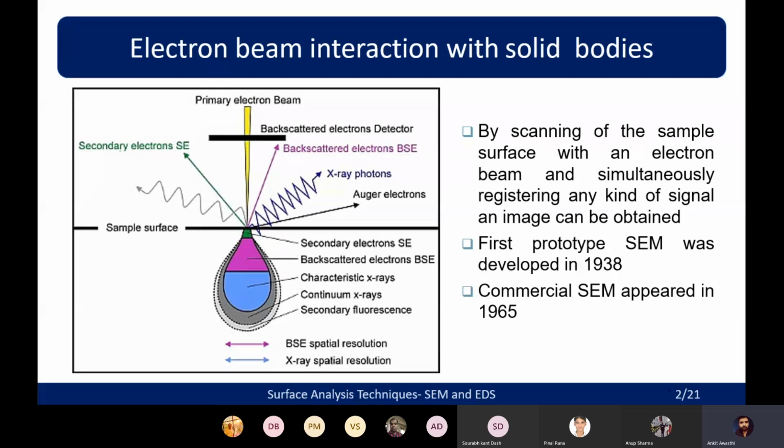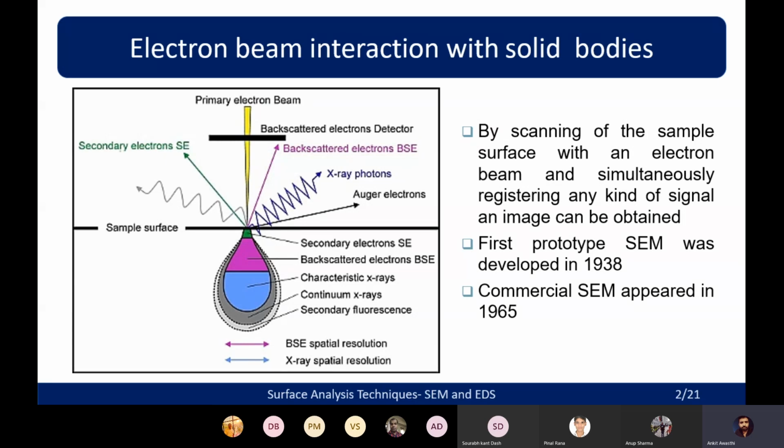That's where its name comes from. It's actually scanning the image, obtaining it pixel by pixel by gathering the information about each pixel at one time. We are not obtaining the whole image at once, but we are obtaining an individual pixel at a time by scanning the image and drawing that.